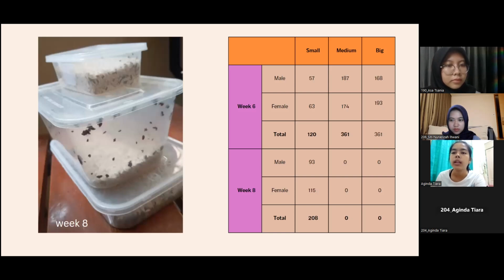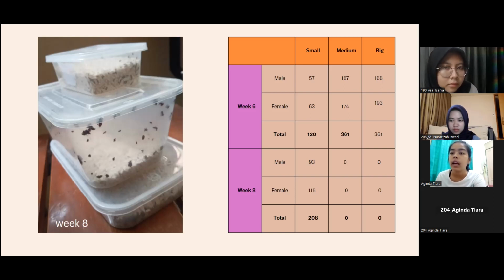In the next week, we do observation again, and in the sixth week we found 57 male and 63 female insects, with a total of 120 insects in the small container.